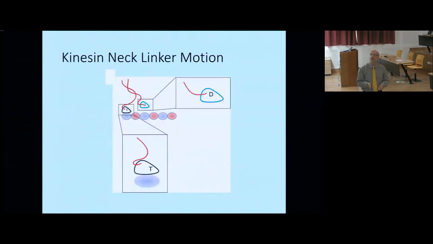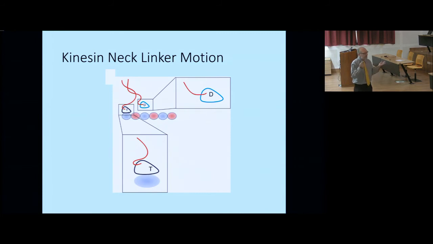I started thinking about this, and at a conference, talking to Michio Tomoshige and others, we were talking about the conformational changes that kinesin goes through. When you think about kinesin as a machine, there are coupled conformational changes. Something happens at the nucleotide binding site, and that causes a conformational change in the microtubule binding site, but also in the neck linker.